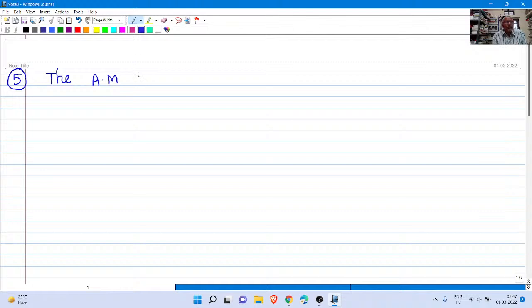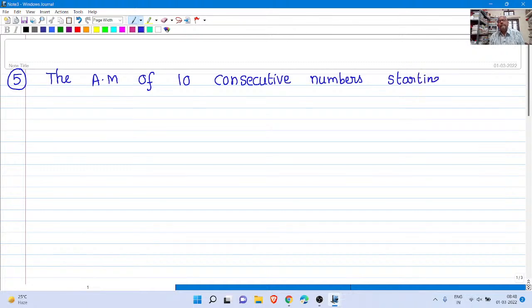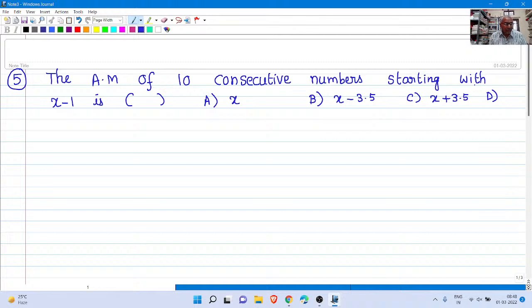The arithmetic mean of 10 consecutive numbers starting with x minus 1 is: option A, x; option B, x minus 3.5; option C, x plus 3.5; option D, x plus 3.